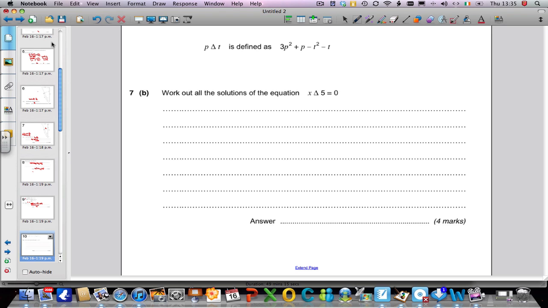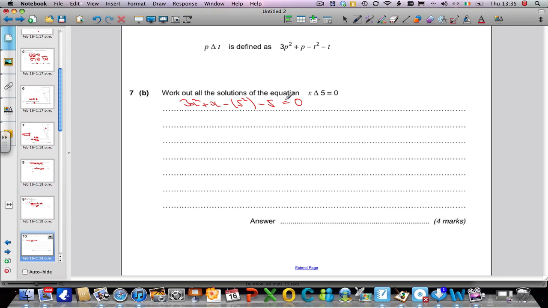Right, here's the tricky one. So we're asked to work out all the solutions of x triangle 5 equal to 0. So I'm going to start by substituting x and 5 into this and let that equal 0. So we get 3x squared plus x minus 5 squared minus 5.